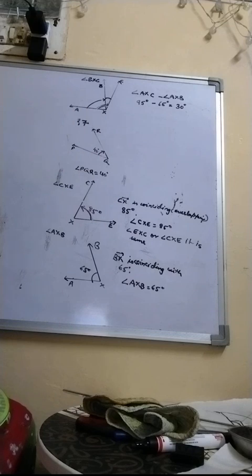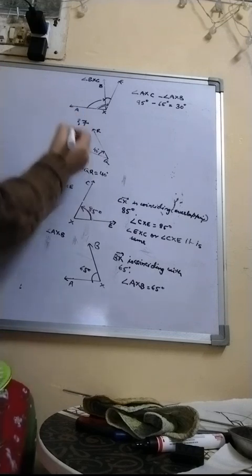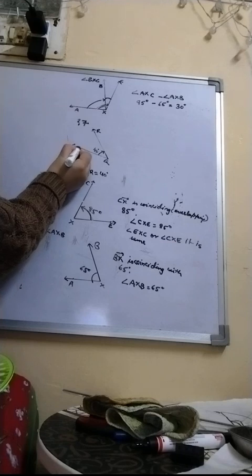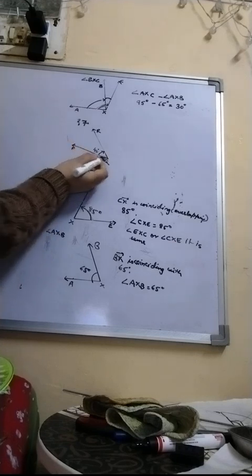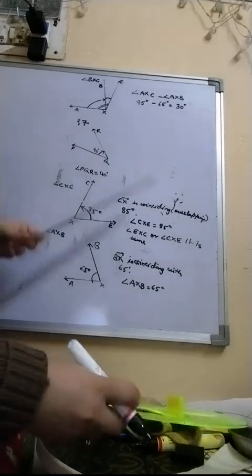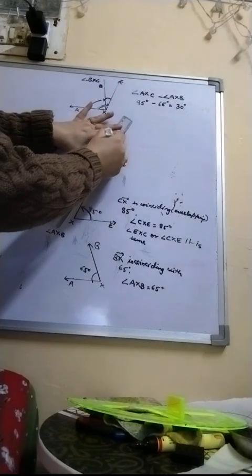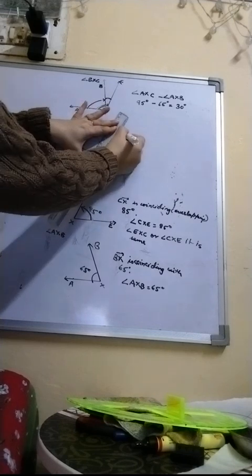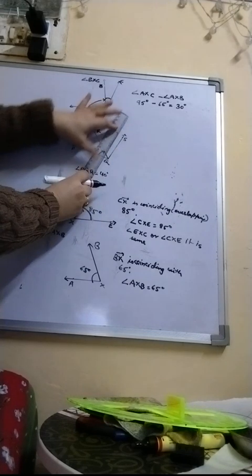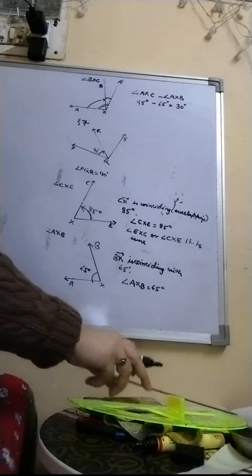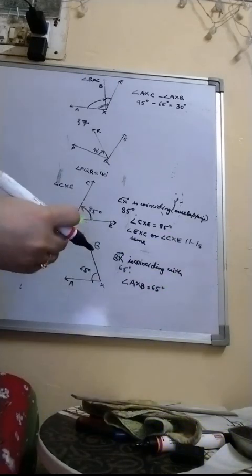Then PQS. So PQ means starting from ray PQ only and going till S. So now draw the next line, which is QS, the next ray. So now what will you do?